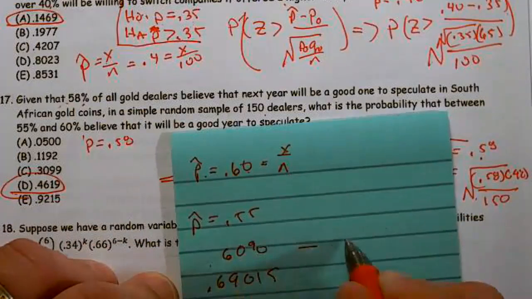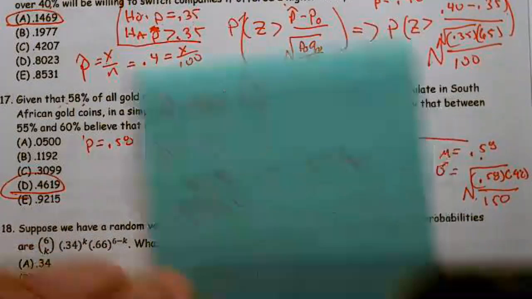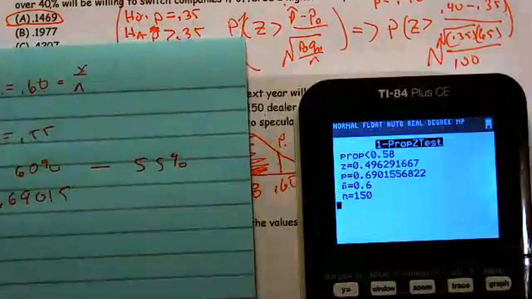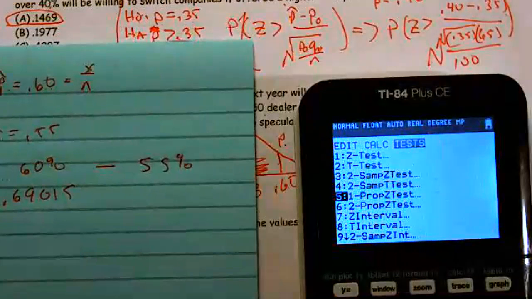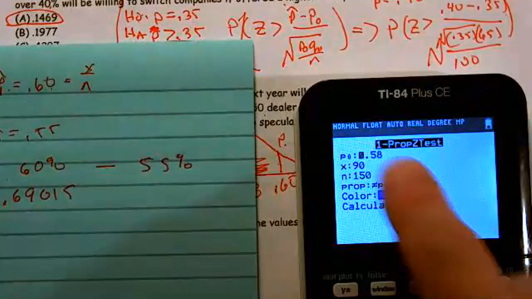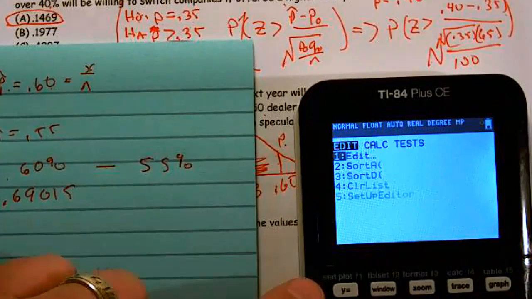I'm going to come back and I'm going to subtract out the 55%. So we're going to do the same thing again, but for 55%. So stat test, one proportion z test. My p naught, that's my original claim of 0.58. X is going to be 150, the sample size, times the 0.55. My sample size is still 150. Oops.